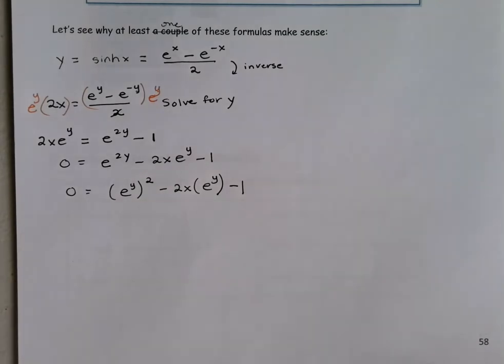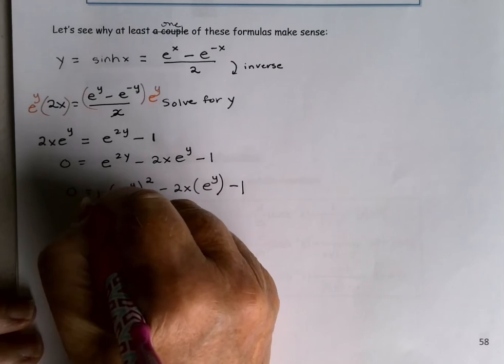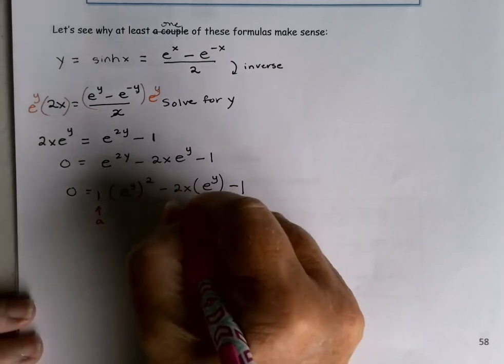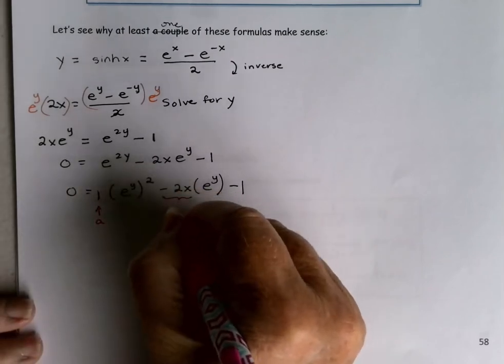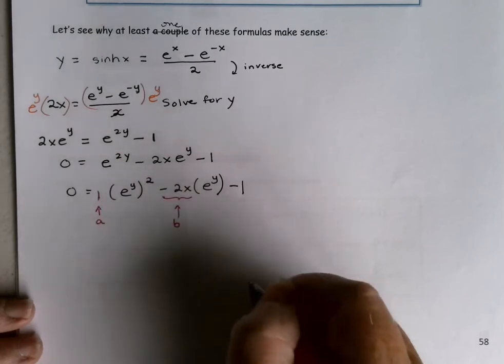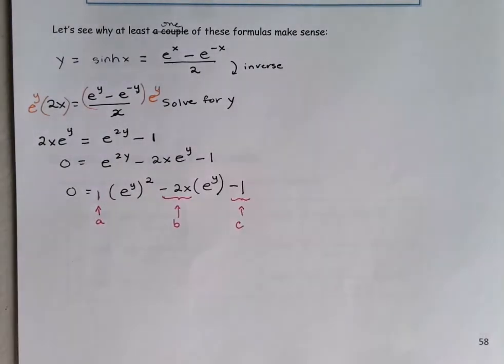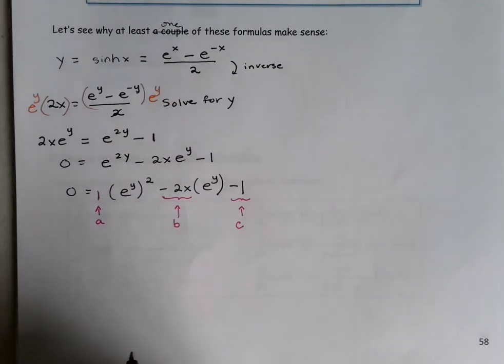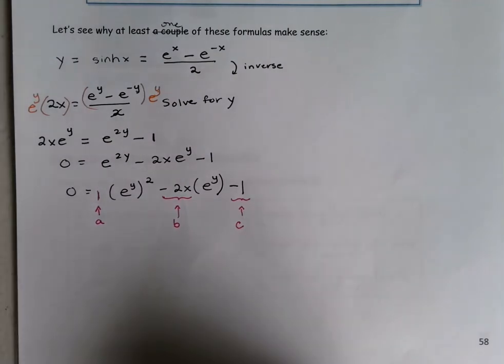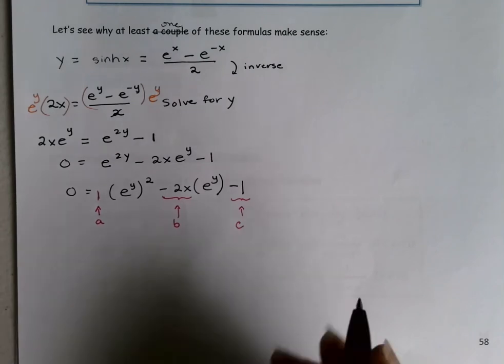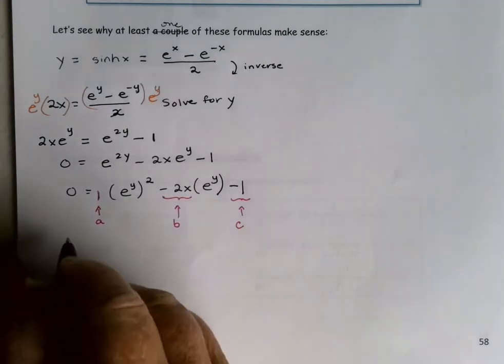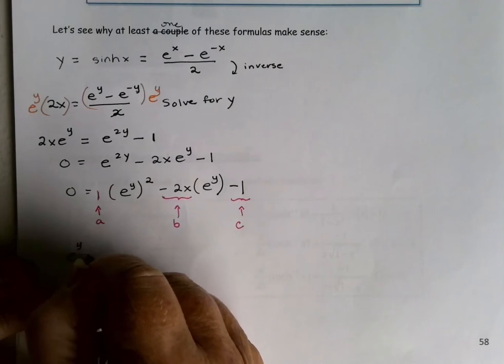So that's exactly what I'm going to do. Basically, I'm going to say, let's think of a as 1, b is the negative 2x, and c is the negative 1. And I'm just going to plug all that into the quadratic formula. Now, usually when we solve a quadratic formula, we say x equals, but in this case, my variable is actually e to the y.